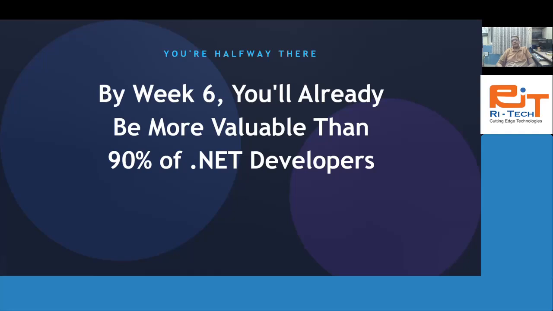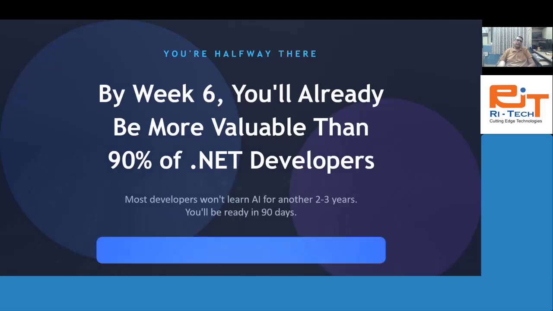You are halfway there by week 6. You shall be ready and be more valuable than 90% of .NET developers. Most developers won't learn AI for another 2-3 years, so you should be ready in 90 days.